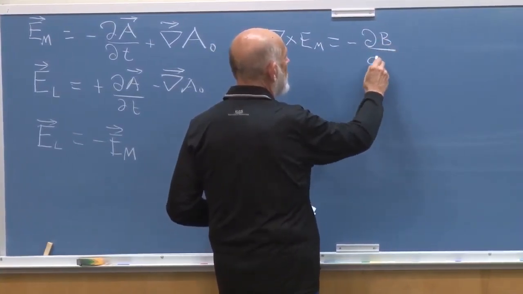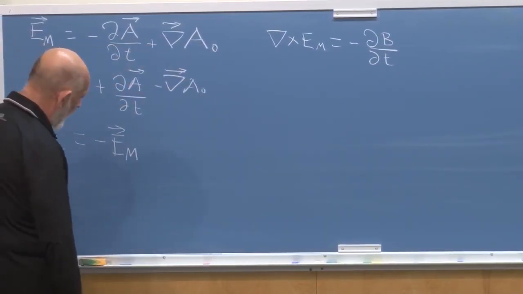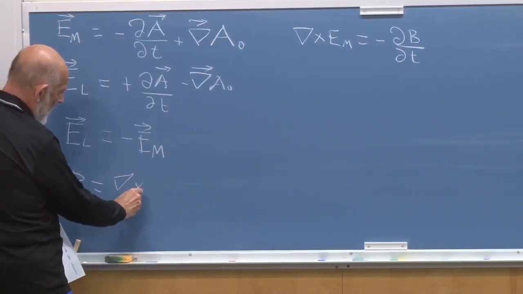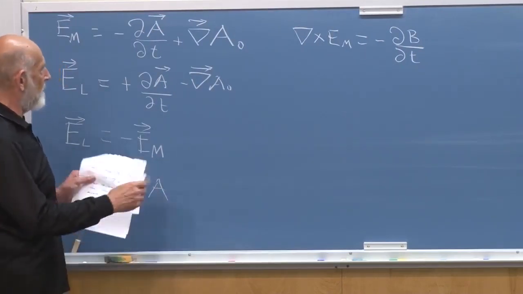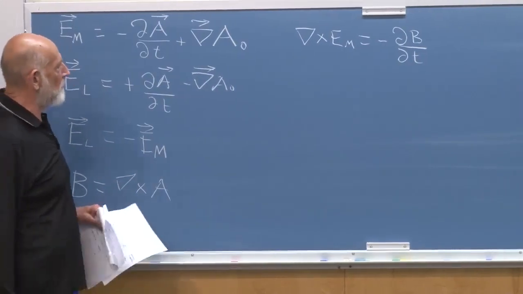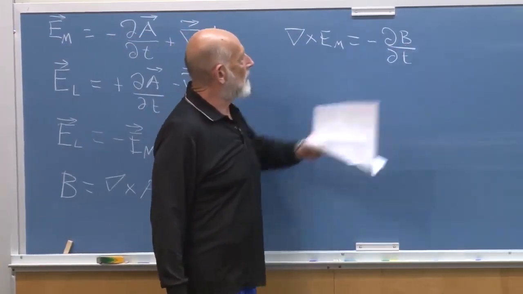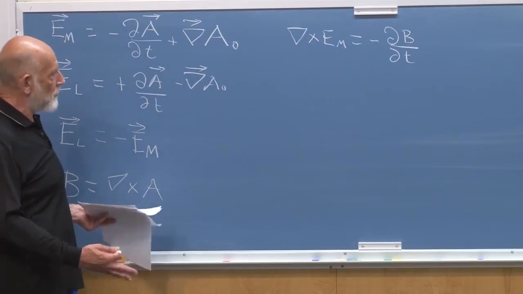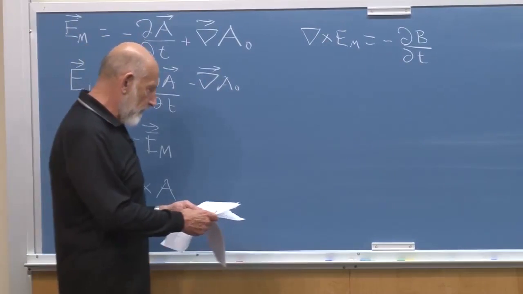Now, incidentally, we all agree on the definition of B, I'll write it down, that B is just equal to the curl of the vector potential. That Maxwell and I agree about. When I say Maxwell and I, he's not around to defend himself. I mean the conventions. The conventions agree, so I don't have to indicate with the magnetic field whose conventions I'm using. They're the same.